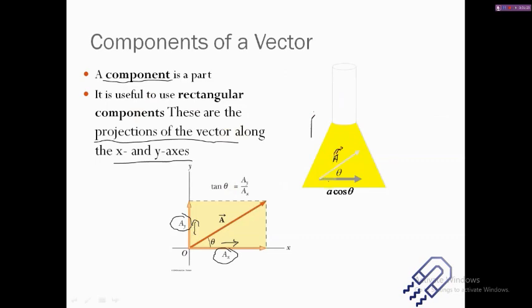So this is your projection. If I know the angle theta, then the projection is always the vector times cos theta. That means ax would be nothing but the magnitude of A times cos theta.